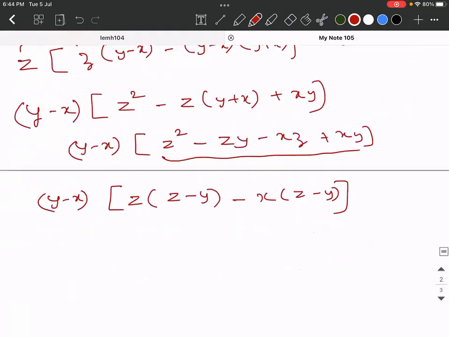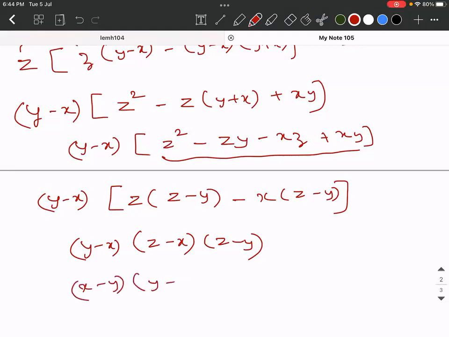I think we got it. Right. So y minus x into z minus x into z minus y. Is that what they gave? As a cyclic pattern, like x minus y, y minus z. So if I take the minus sign outside, x minus y into y minus z into z minus x. This is the answer. Okay.